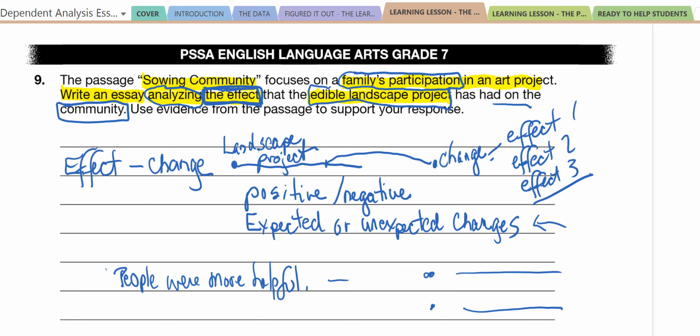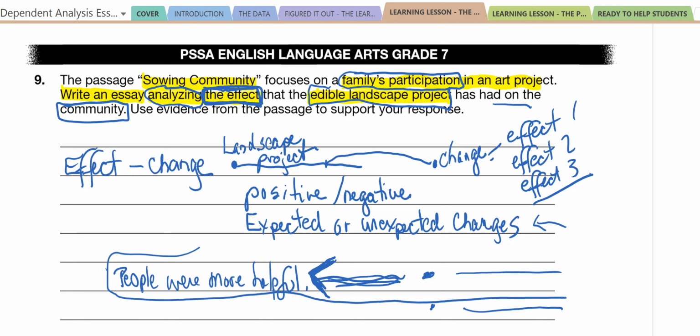And then for the statements, I would try to link them to another statement that says something like people were more helpful, people talked to each other more. I would try to just find a relationship that linked the statements to interesting traits or qualities about the community. And that's how I would do it.